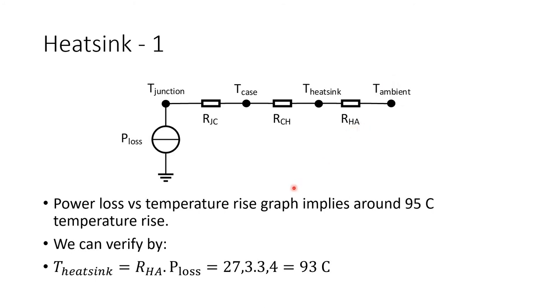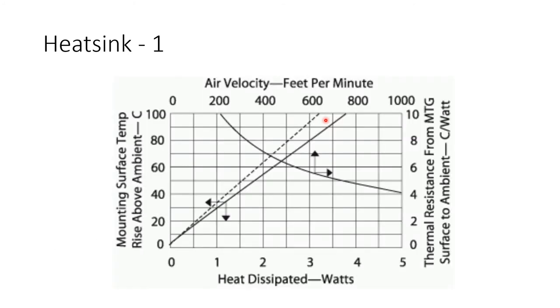We can verify this result by using the natural cooling thermal resistance given in the datasheet. We can multiply the power loss with the heatsink to ambient thermal resistance. It also gives around 93 Celsius of temperature on the heatsink, which proves the validity of the graph.